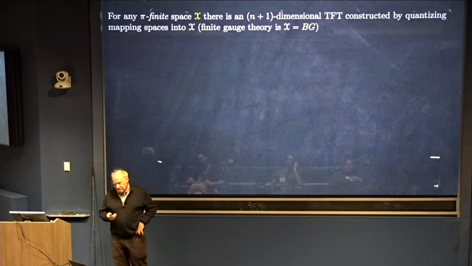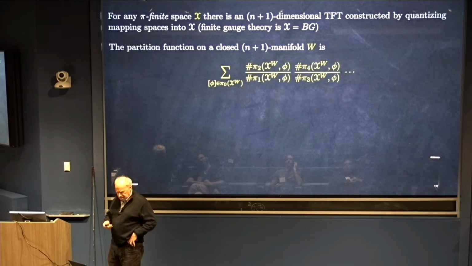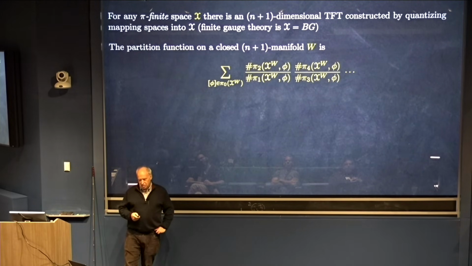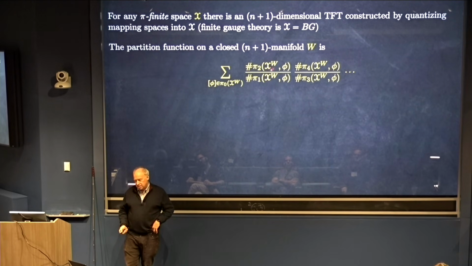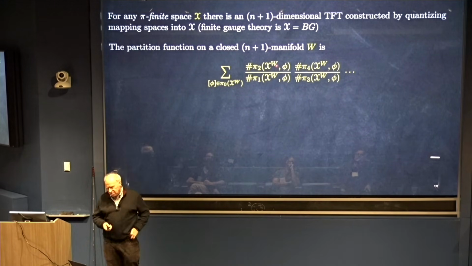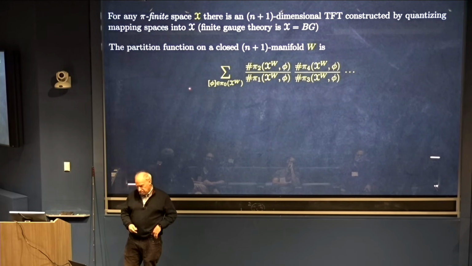And we want to quantize by looking at mapping spaces into X. So for example, if we're on a closed top-dimensional manifold, then what we do is we count, in a sense, how many maps there are into X. So X^W is the mapping space of continuous maps from W into X. Here W is a smooth n plus 1 dimensional manifold. And we count the maps, but up to homotopy.